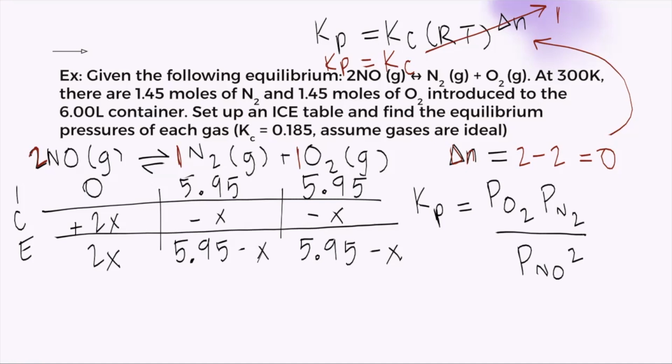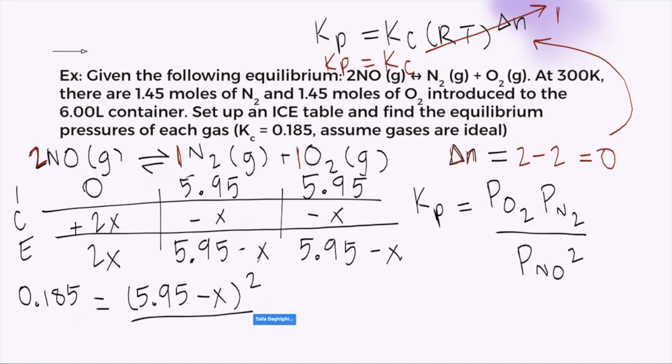All right, so now we're going to substitute in. So I have 0.185 equals, products go on top, 5.95 minus X, and because there's 2 of them, one for N2, one for O2, I'm going to write 5.95 minus X squared divided by 2X squared. And now we're just going to use algebra to solve.